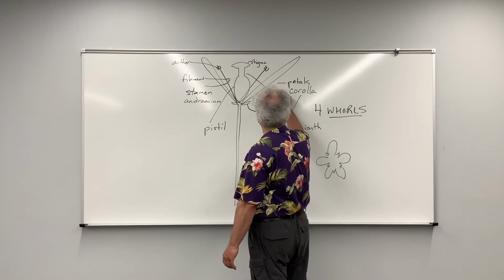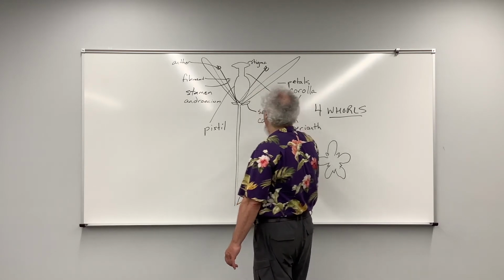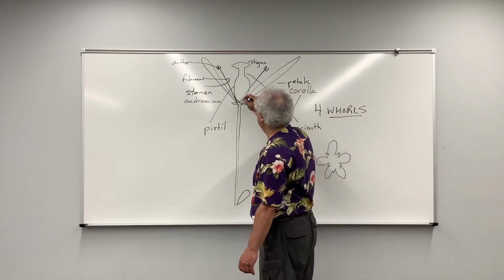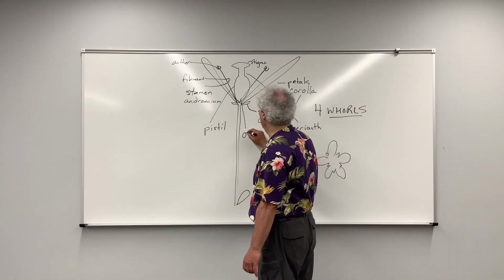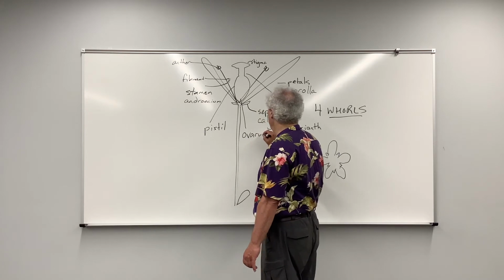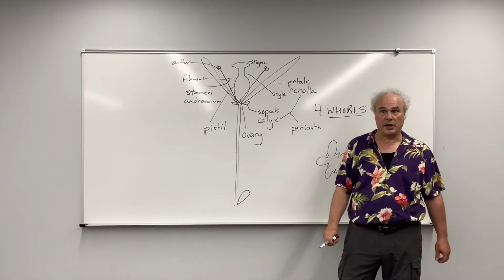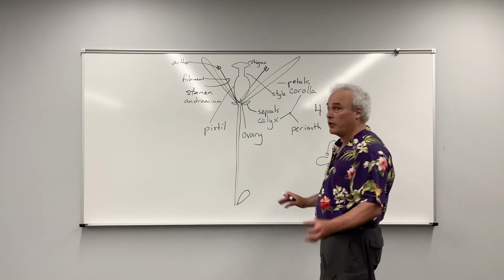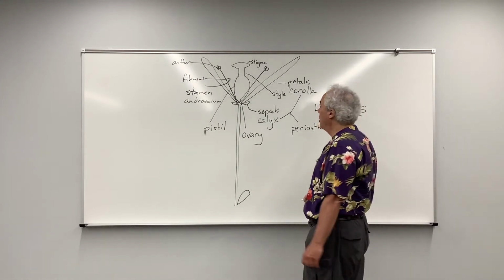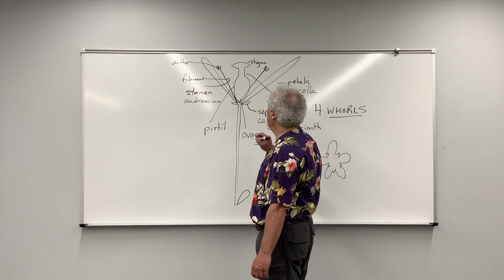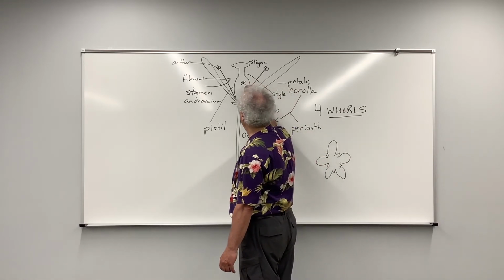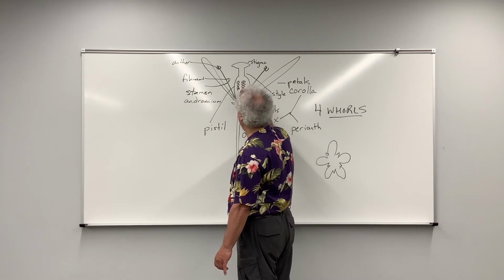There is a style through which the pollen grains grow, and there is an ovary, the same term that we use in animals. So the ovary is the important functioning female part of the flower. Inside the ovary, if we look inside the ovary, we will see one to many ovules.